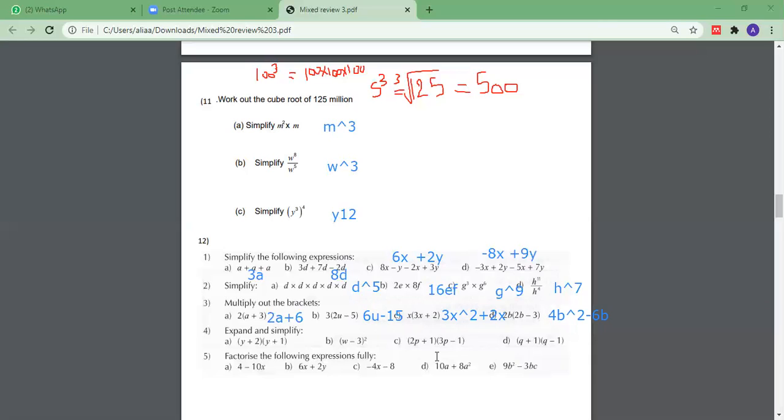Okay, expanding brackets, y multiply y will be y power 2. Just 1 second.